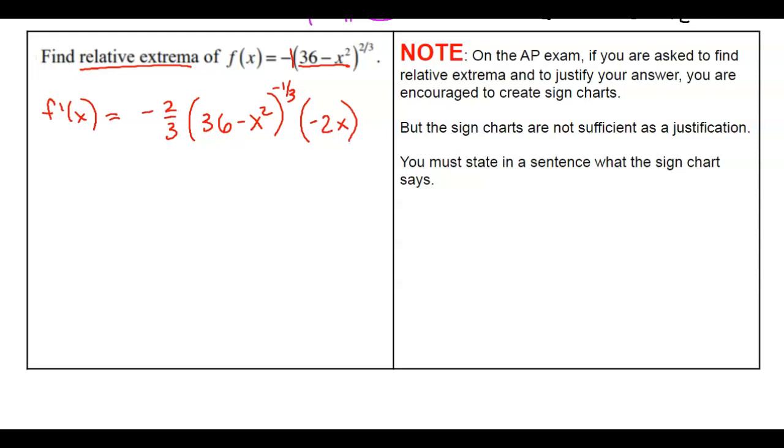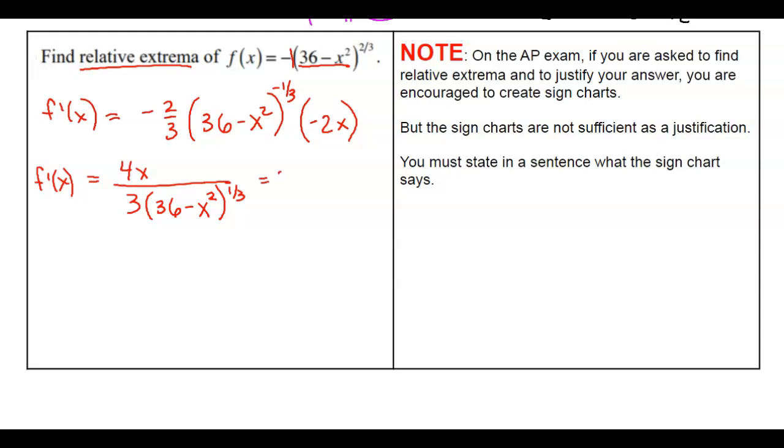And then we're going to clean this up because we need to solve it anyway. So negative times negative, 2 times 2, so 4x over 3, and then this comes down here. That's a cubed root, okay?